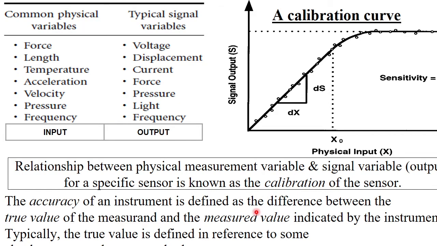Fine, the accuracy is defined as the difference between the true value of the measurement and the measured value indicated by the instrument. Now, typically the true value is defined in reference to some absolute or agreed upon standard. What does it mean?